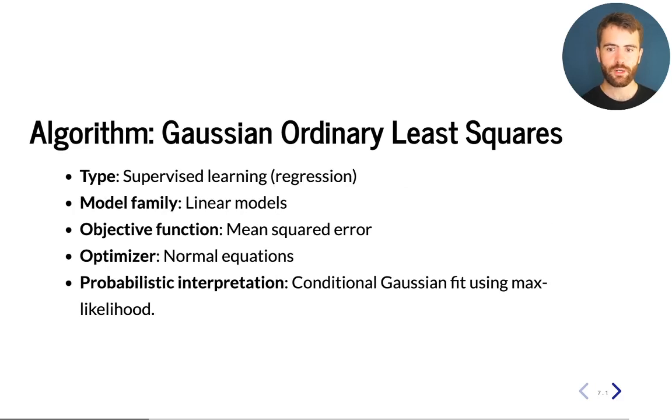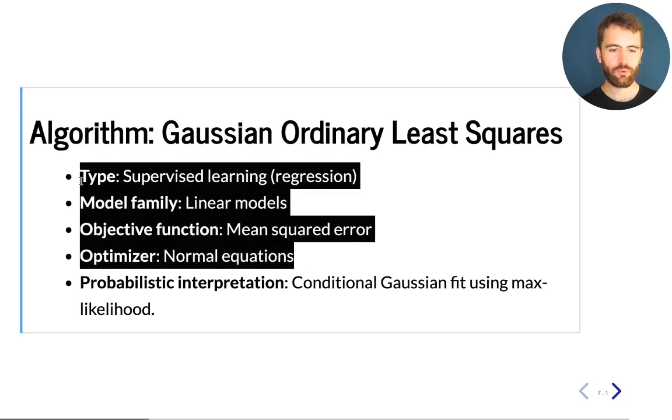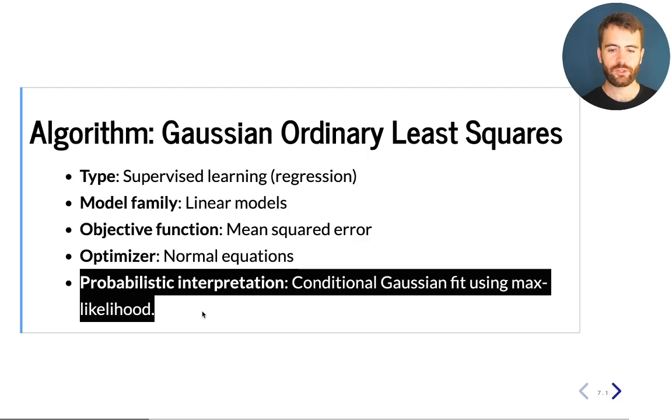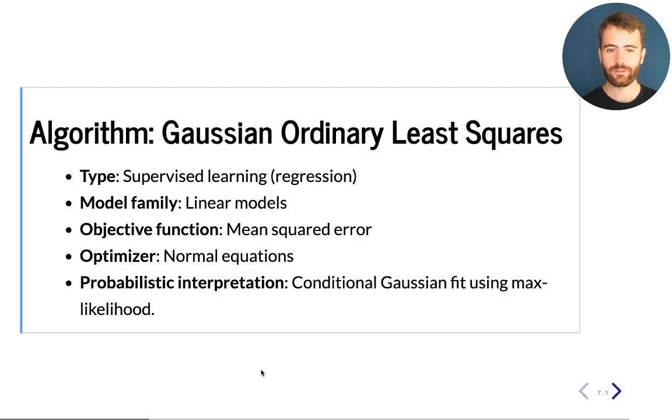And so here I'm going to just redefine this algorithm. And again, this is the same. Here the first 4 lines are what we saw earlier. And now I have just added that this algorithm also happens to have a probabilistic interpretation, which is that of fitting a conditional Gaussian using maximum likelihood.